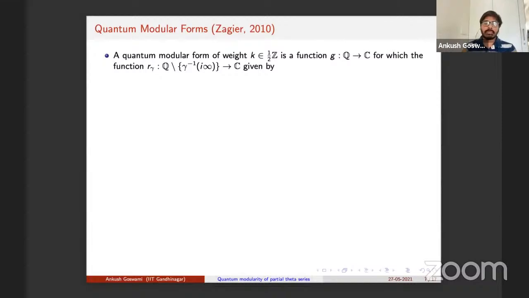Quantum modular forms were introduced by Zagier in 2010, and are defined as follows.